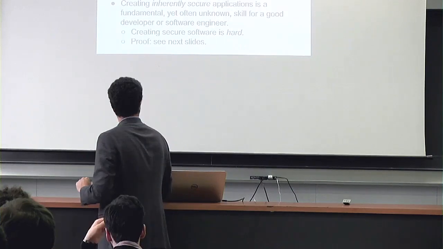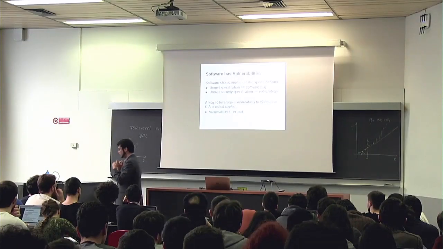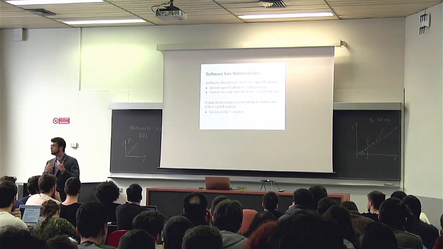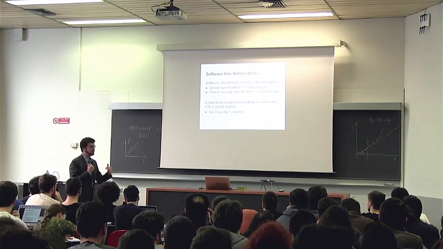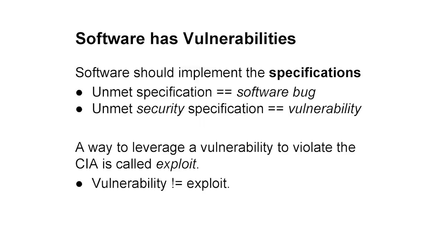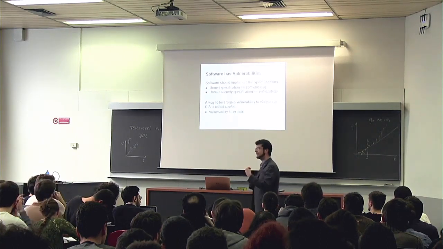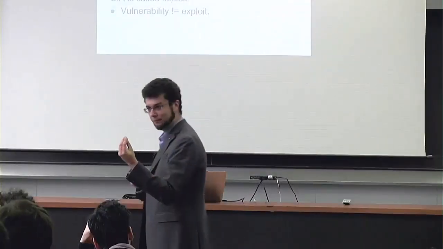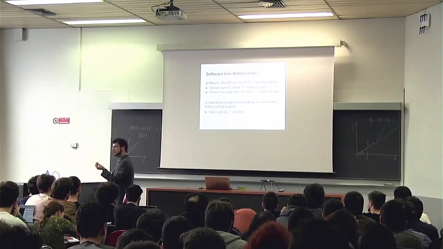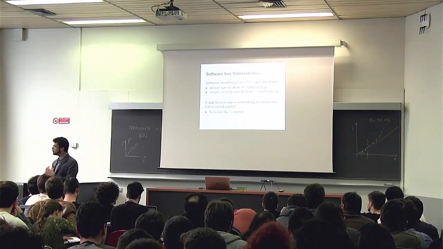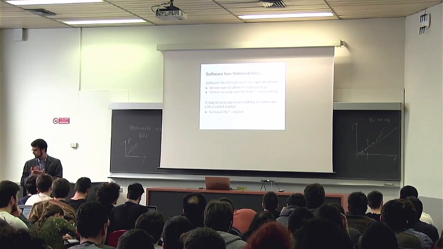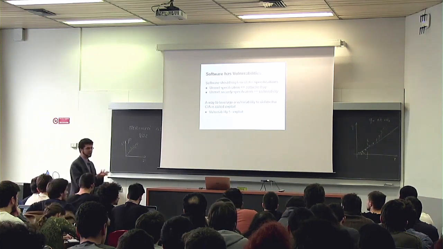So we said that software should implement its specifications. It should meet the requirements, and it should implement specifications. Whenever you have software that has an unmet specification, you call that unmet specification a bug. Whenever that unmet specification is related to a security requirement, that bug is a vulnerability.